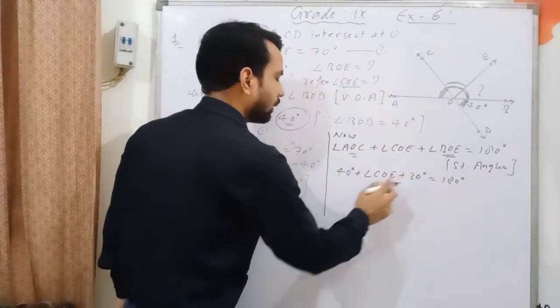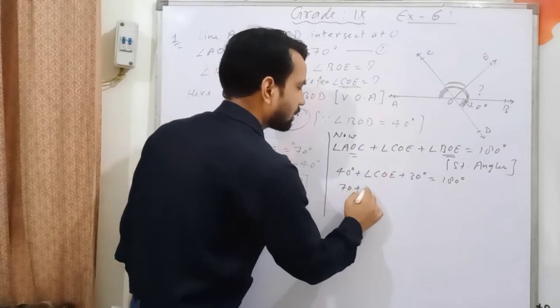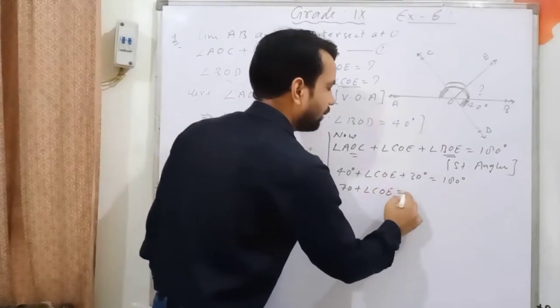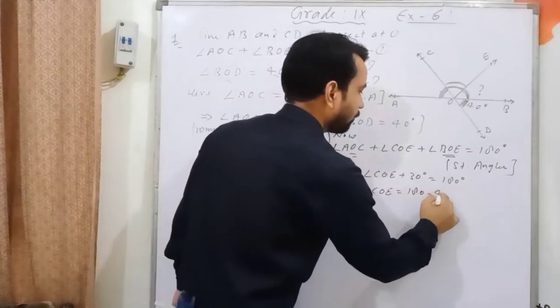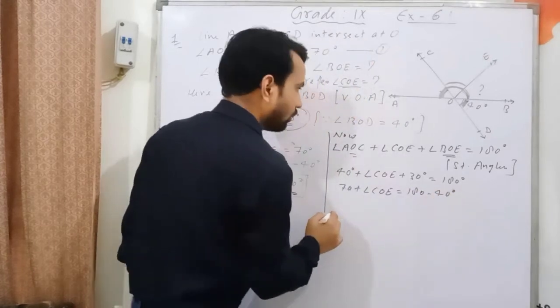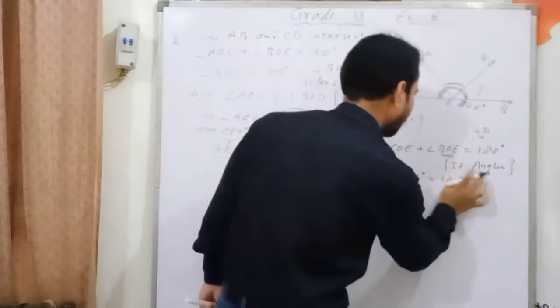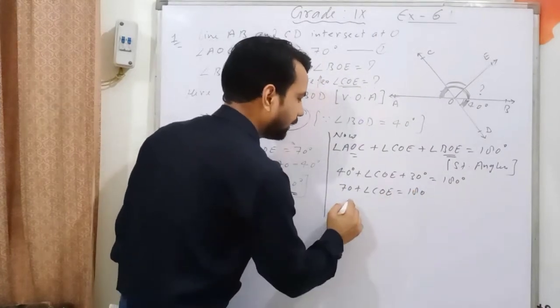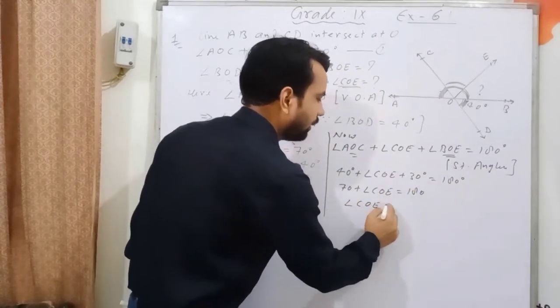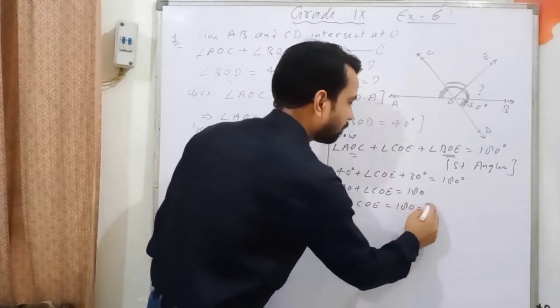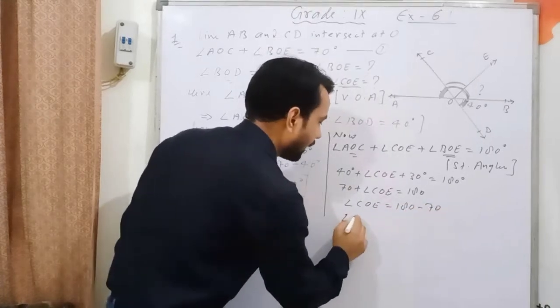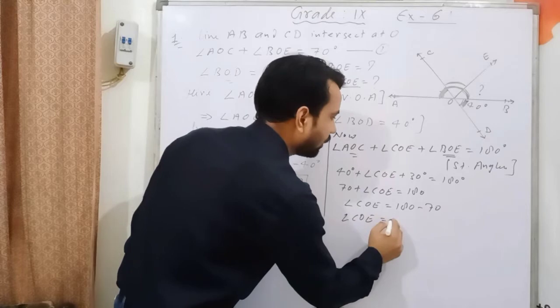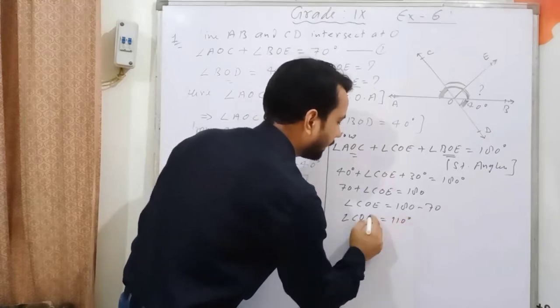Now 40 plus 30 is 70, plus angle COE equals 180 degrees. Now this 70 will be subtracted from 180. Then angle COE equals 180 minus 70 degrees. So angle COE equals 110 degrees.